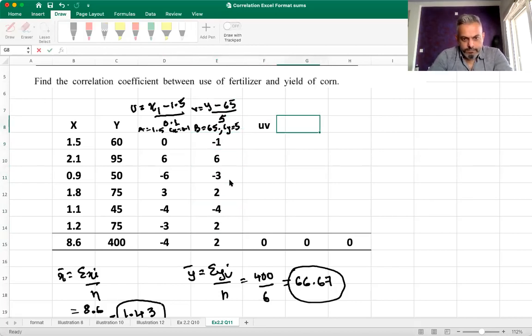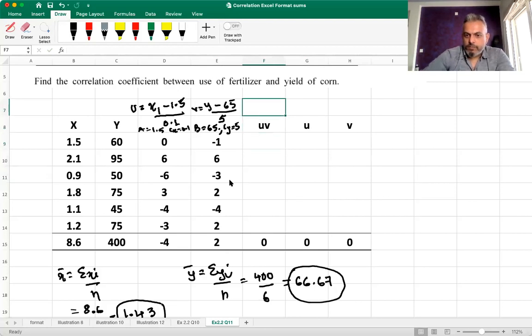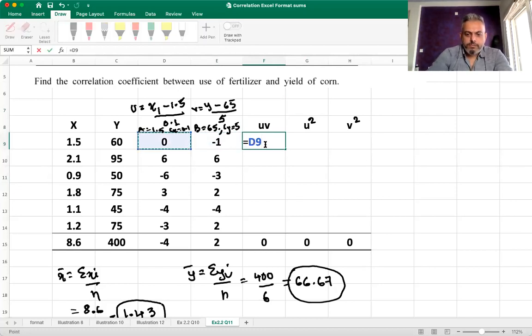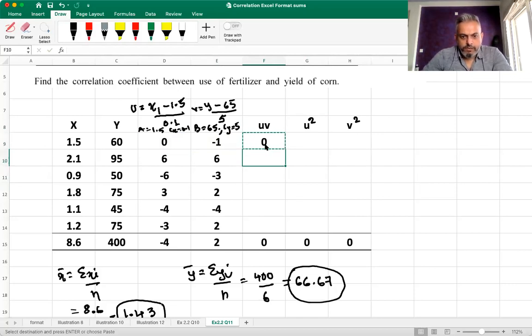UV, and we have U square, we have V square. So UV: 0, 6 sixes are 36, minus 6 into minus 3 is 18, 6 into 1 is 6, minus 3 into 2 is minus 6.